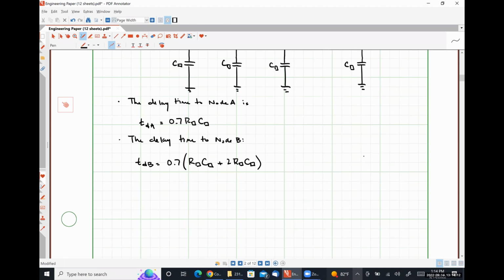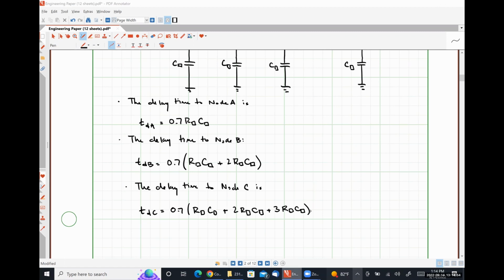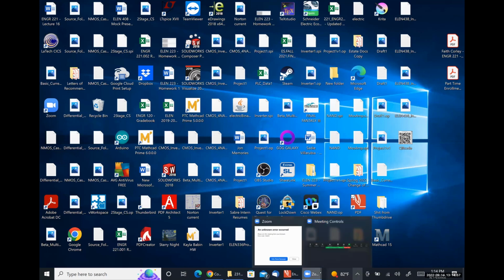All the way out to node C, we'd have TDC is equal to 0.7 R square C square plus 2 R square C square plus 3 R square C square, etc. So, what the heck just happened?